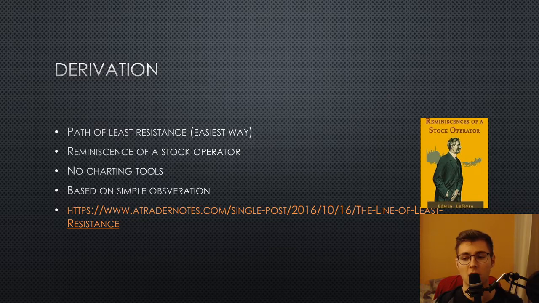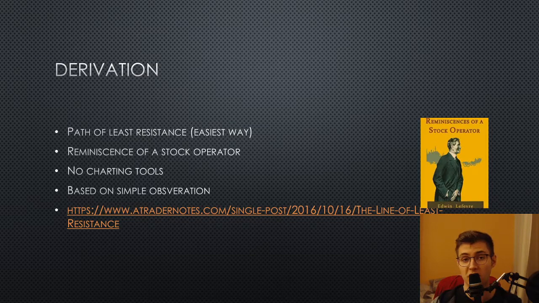Also, Edwin Lefèvre mentioned this in his book, Reminiscences of a Stock Operator, and I'll get to this on the next chart. Basically, what he did, he had no charting tools. That was back in the early 1900s, and it's based on simple observation.